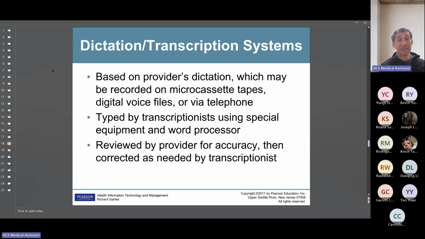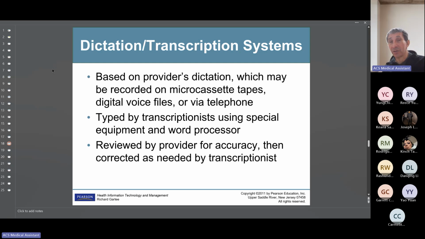And after you transcribe all these voice recordings into paper or typing, somebody else has to review it again to make sure that it's accurate. If corrections need to be done, we need to do the pertaining corrections.